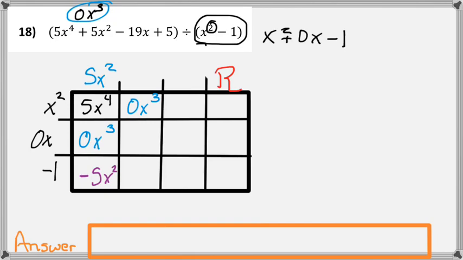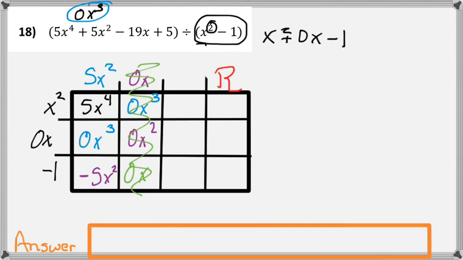And then I divide, and that gives me a 0x up here. And multiply, that gives me a 0x squared. And then my next one is going to be a 0x. So basically this column is just a placeholder.